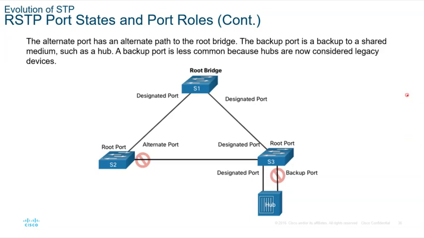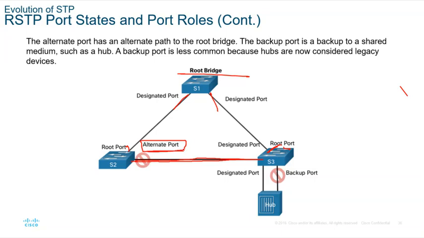This is our root bridge, as you can see. So these are designated ports. Then the opposite, root port. And here, as you can see, this is a redundant link. So we expect an alternate port, which is this.